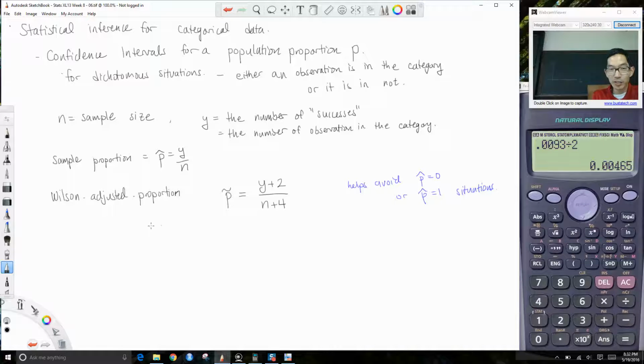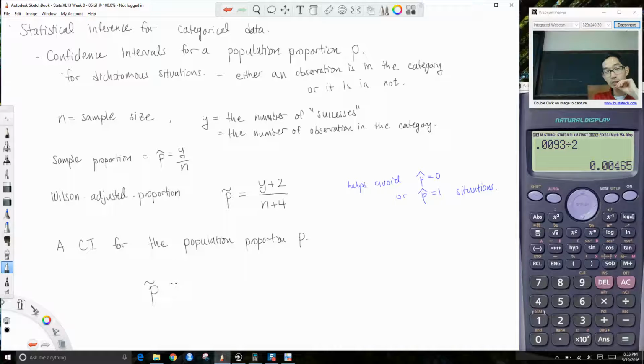We're creating a confidence interval for the population proportion p. Right now, our current best guess for the population proportion p is going to be our Wilson adjusted proportion, p tilde. So that's going to go right in the middle.